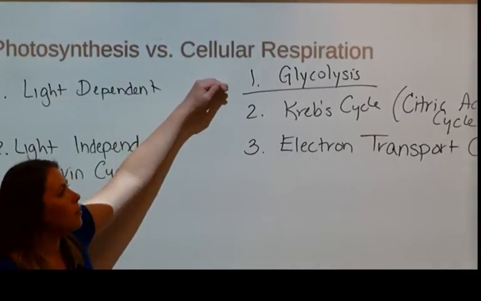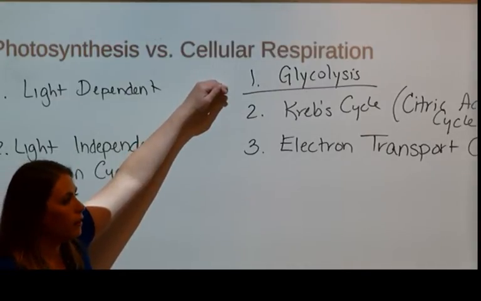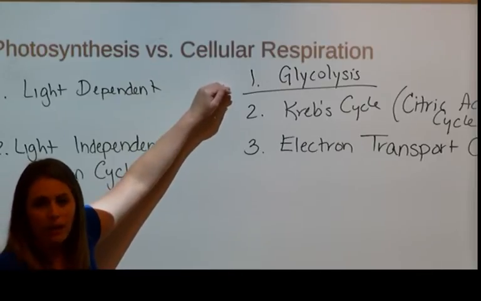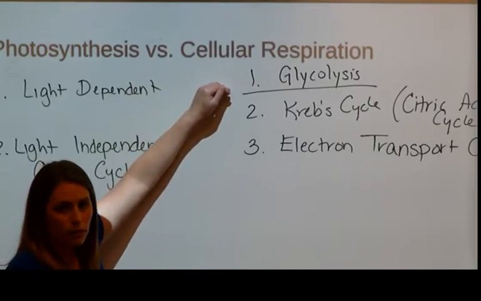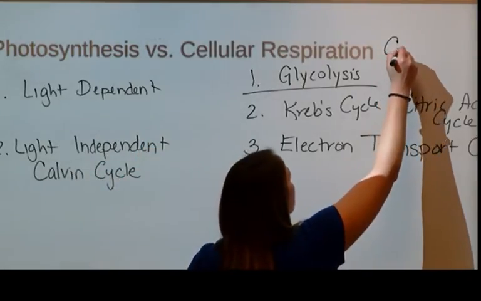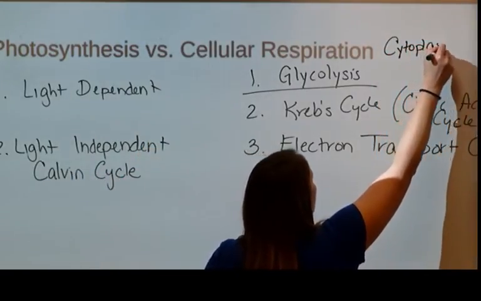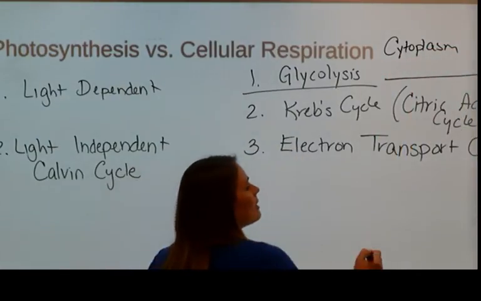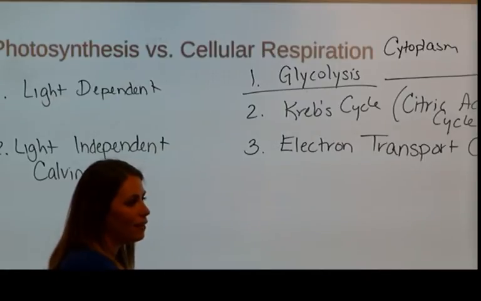There's so many reasons why glycolysis is important. One, it's the process that any organism does because it happens in the cytoplasm. And we know all cells have cytoplasm. So the separation here is because it happens in the cytoplasm, it doesn't need oxygen, okay?